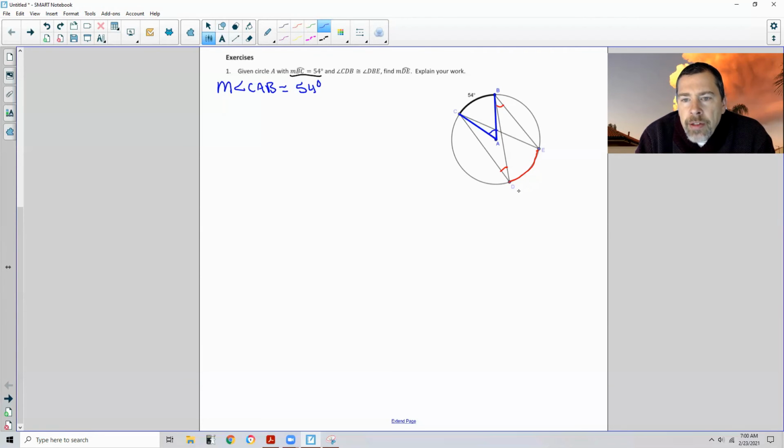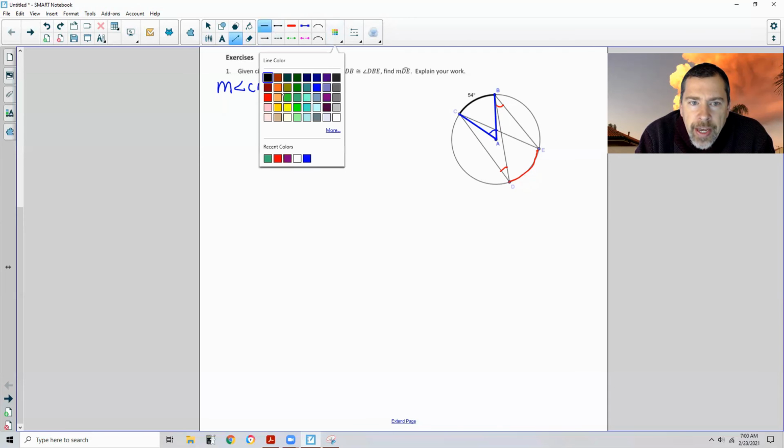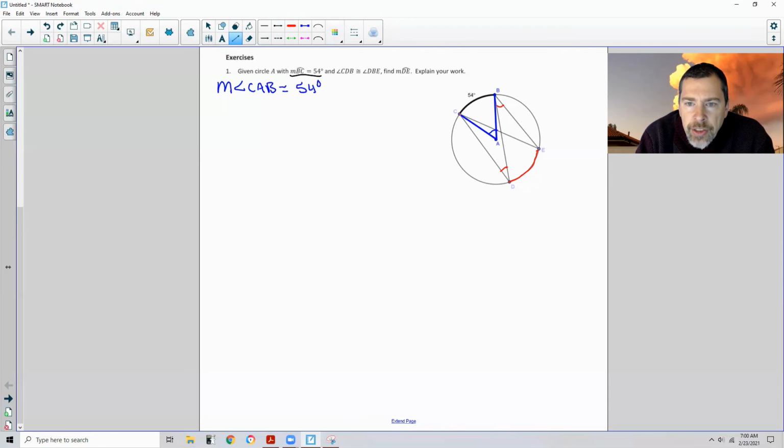Well, now look and you will see that, let's use orange for a change. Chord CD and chord BD form angle CDB, which is an inscribed angle, which is half the intercepted arc.